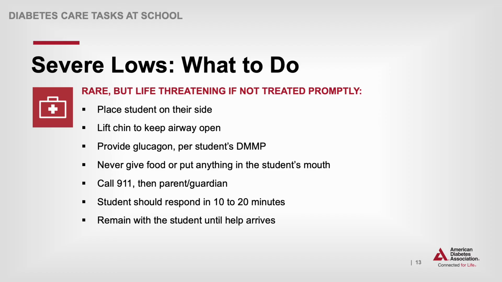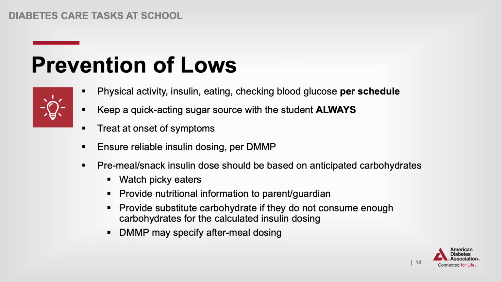When the student is awake and able to swallow, give juice or other quick-acting forms of glucose, followed by a snack while waiting for EMS. The student may become nauseated and vomit after glucagon is provided. The onset and progression of hypoglycemia happens quickly.